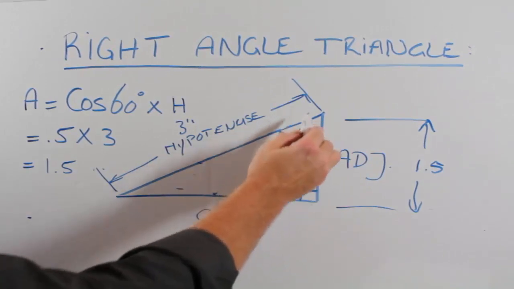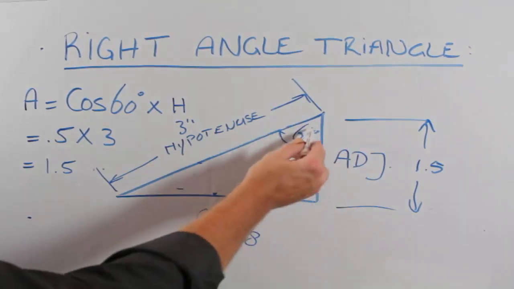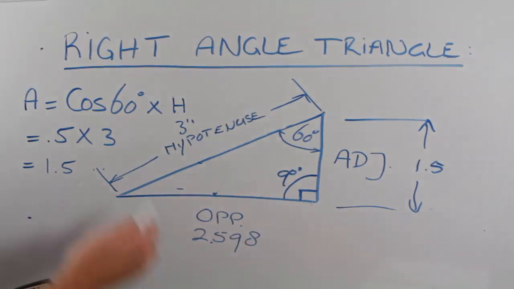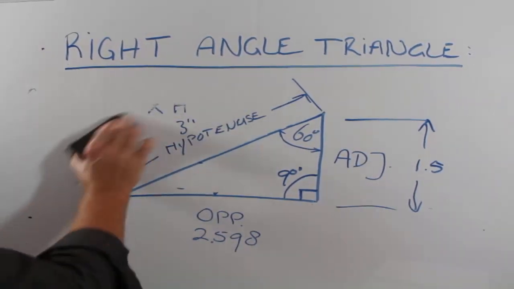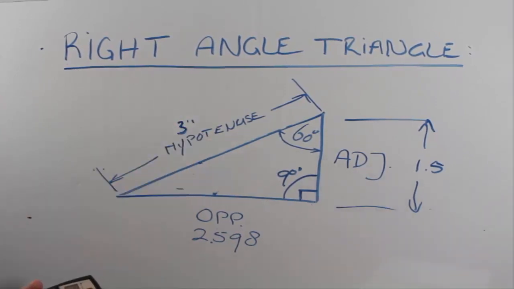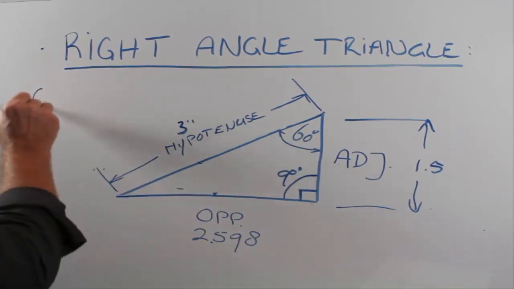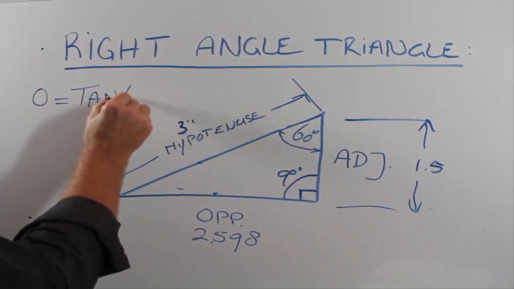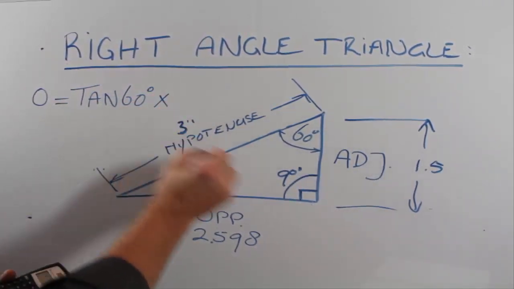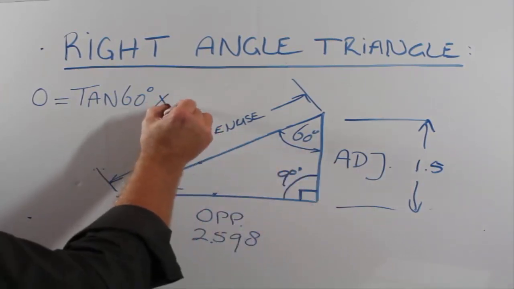Now that we're using this corner, this is the adjacent, that becomes the opposite leg, and the formulas work the same way. So all we got left then is the tangent. So let's erase this. So if we want to find the opposite, then we take the tangent of that 60 degree corner and we're going to multiply it times the adjacent.